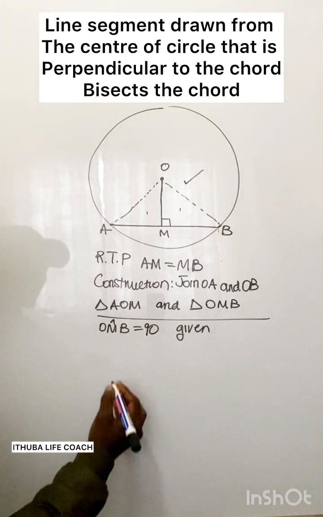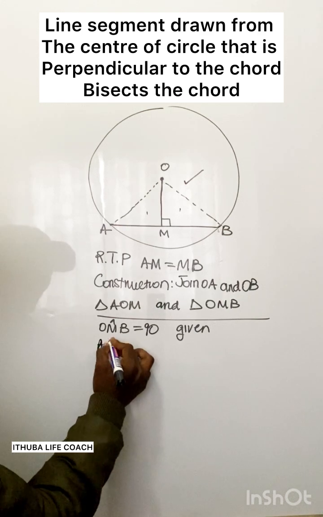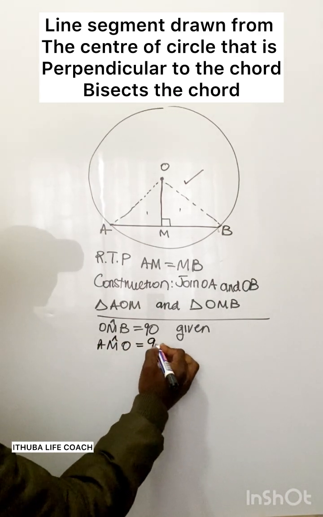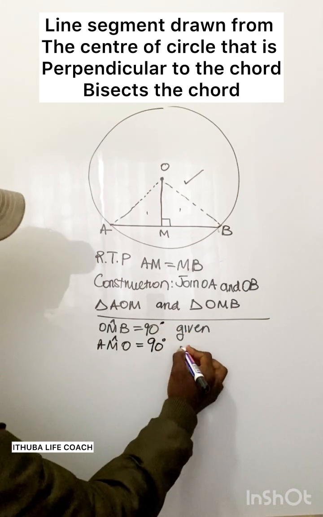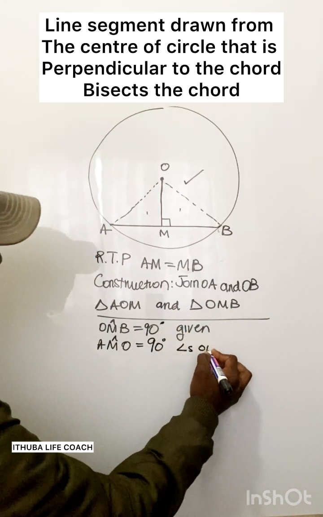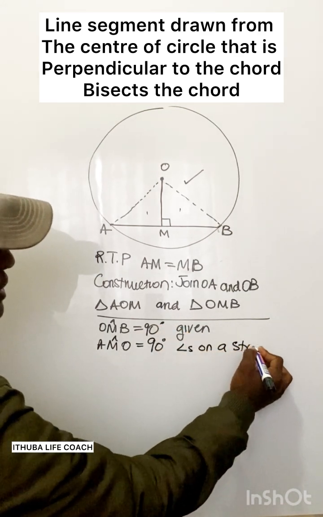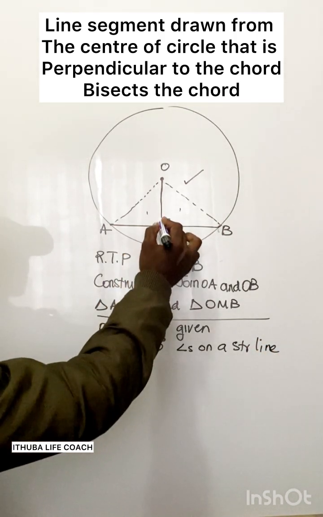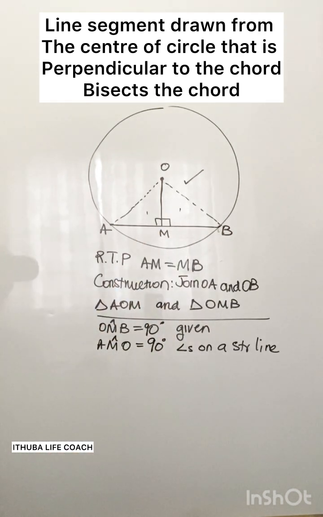Now it also means angle AMO is also equal to 90. Why? Angles on a straight line. Okay, guys, so that means also this part is equal to 90.